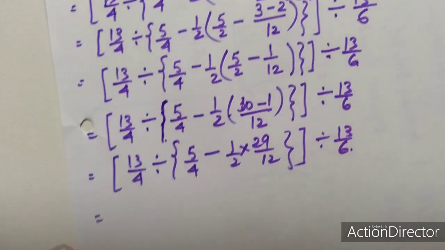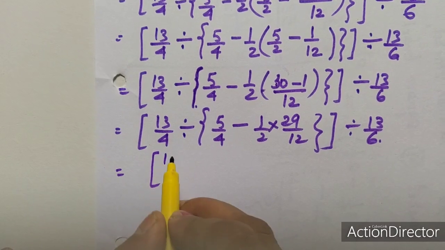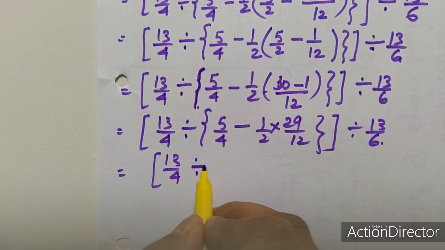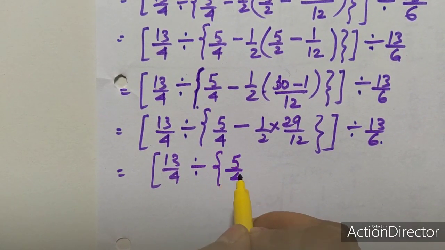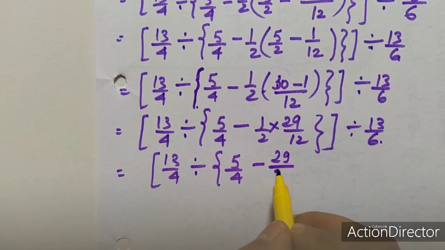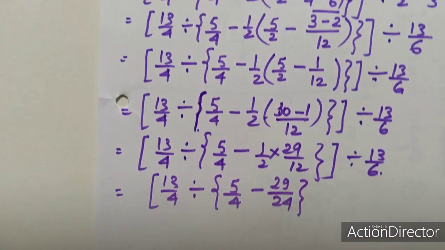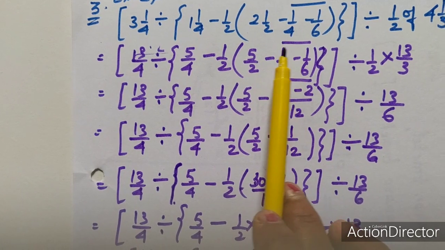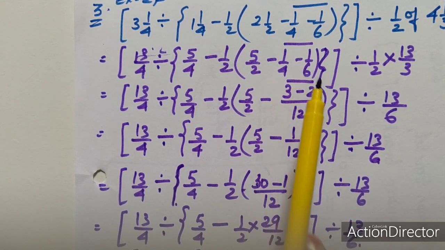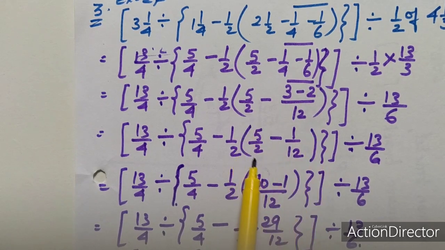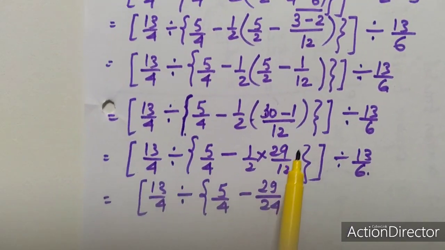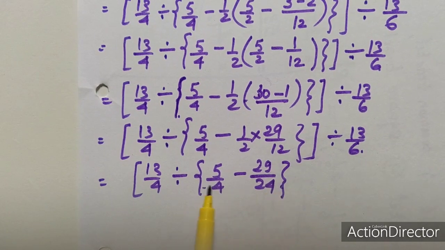Then the next step is 13 by 4 as it is, divided by curly bracket 5 by 4 minus 29 by 24. Now see, earlier when you were using the bar you had two numbers, you converted them into one and removed the bar, then simplified the common bracket, then only the curly bracket remains.